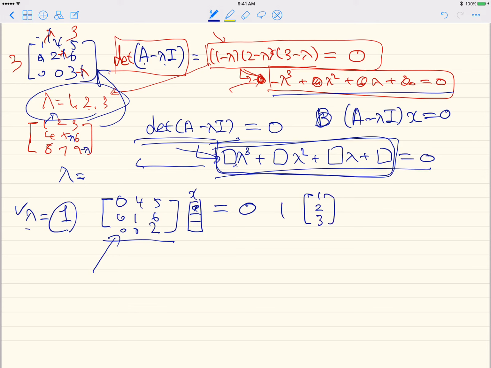And then this lambda 1 becomes 1, and v1 or x1, which was an eigenvector. This is one pair that we obtained for eigenvector and eigenvalue. Okay, and then we can do the same thing for lambda equals 2, lambda equals 3. Right? So that's how we obtain these eigenvalues and eigenvectors.